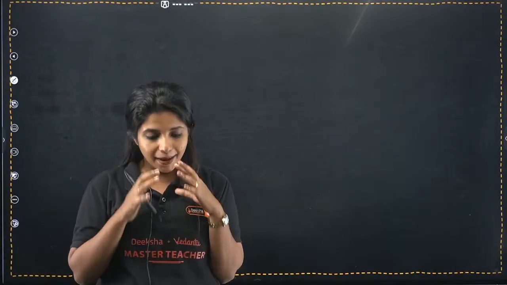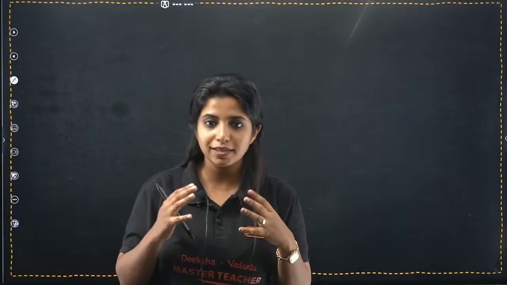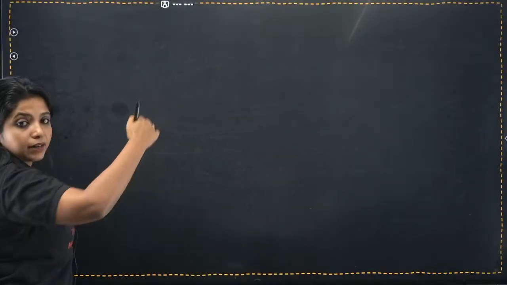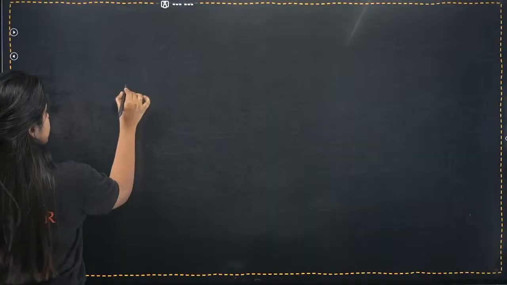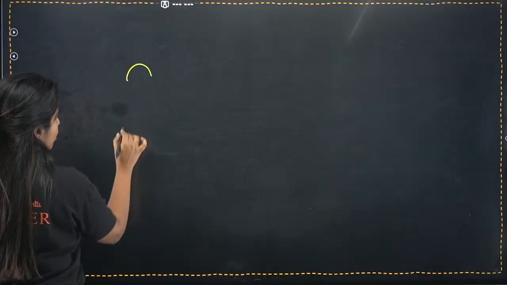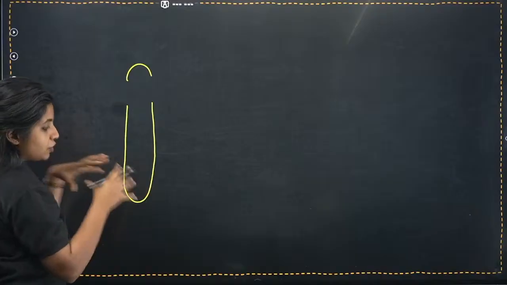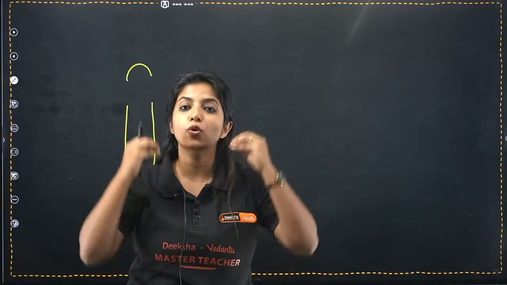Whenever I say an embryo is developing, you need to understand that it will have different parts, because different parts are going to form different things. The first part that you have is an embryonal axis, which looks like this. This is the part which is actually going to give rise to the whole plant.